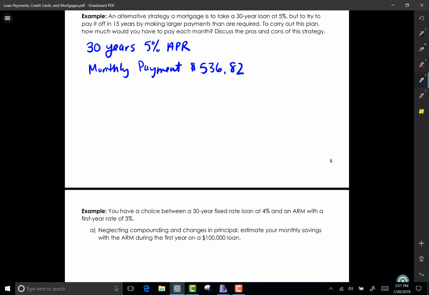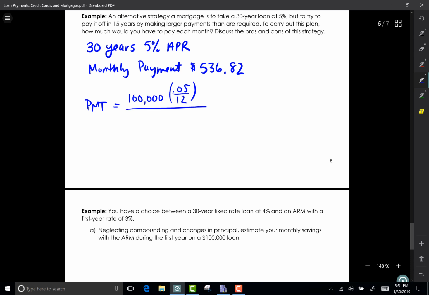So we want to see how much larger the payments would have to be in order to pay it off in 15 years. So we're going to use our payment formula. We have the 100,000 loan. Our APR is 0.05, and this is monthly payments.